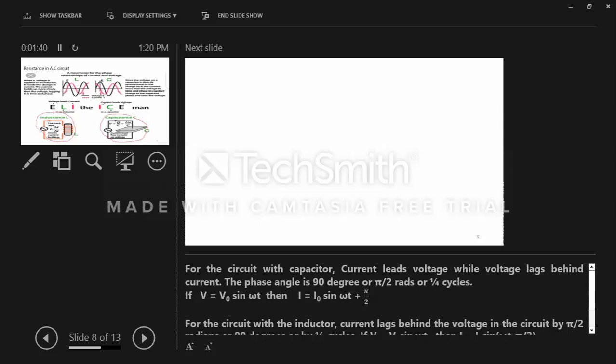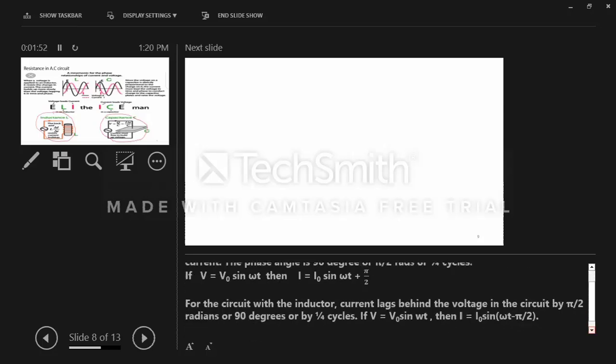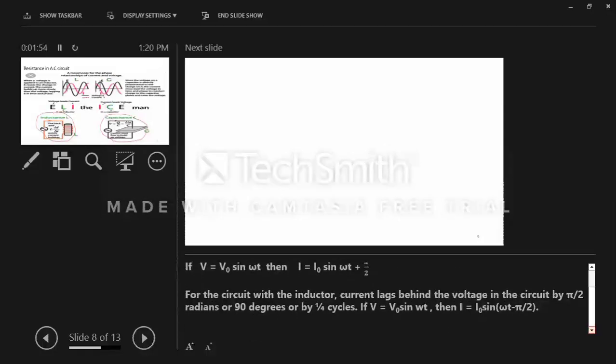Okay, so you see my pointer. Let's scroll down. For a circuit with an inductor, current lags behind voltage in the circuit by pi over 2, or 90 degrees, or a quarter cycle.